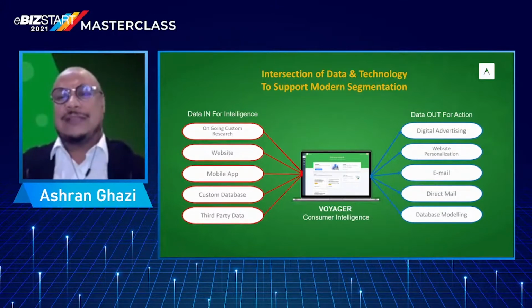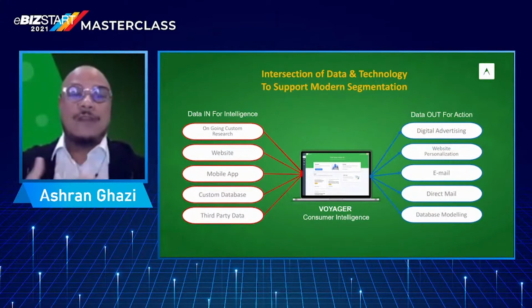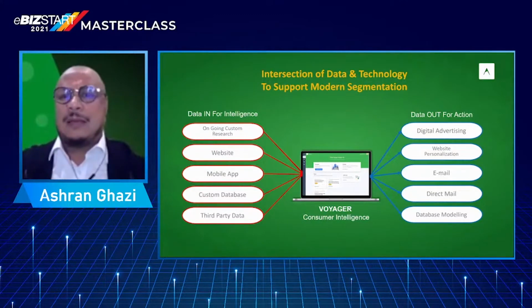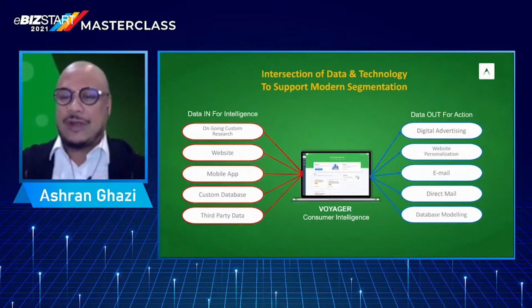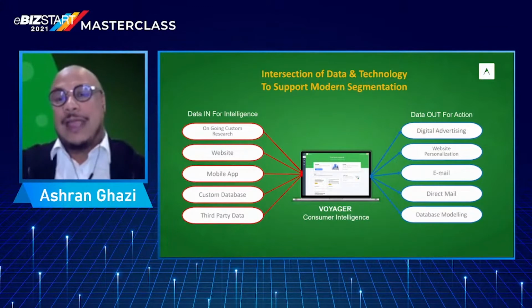What this visual is trying to say is that on the left-hand side, you would have data in one form or another, coming from your online presence, your CRM, or even third parties you're sourcing from. Right in the middle is naturally our platform, which my colleagues described earlier.